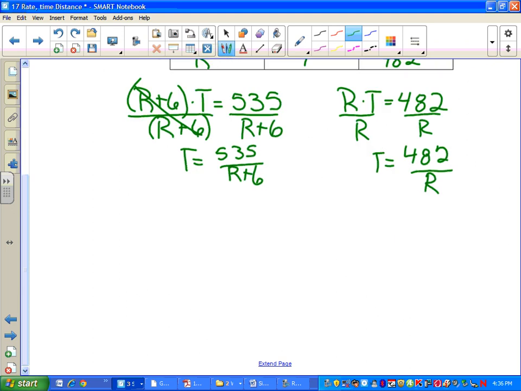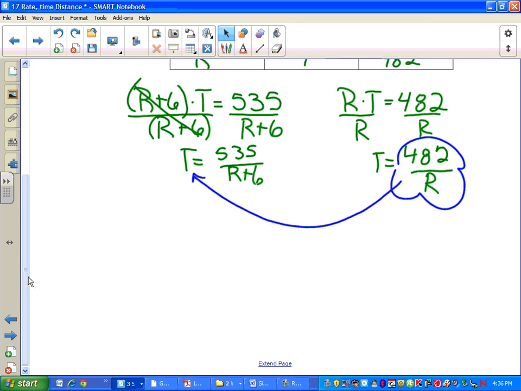Now, we said the times were the same, and since the times were the same, and I have both of these equations set for T, the equations must be equal. So I'm going to actually set both equations equal to each other. It's really substitution, right? I'm really substituting this value in for this T. So let's do that.